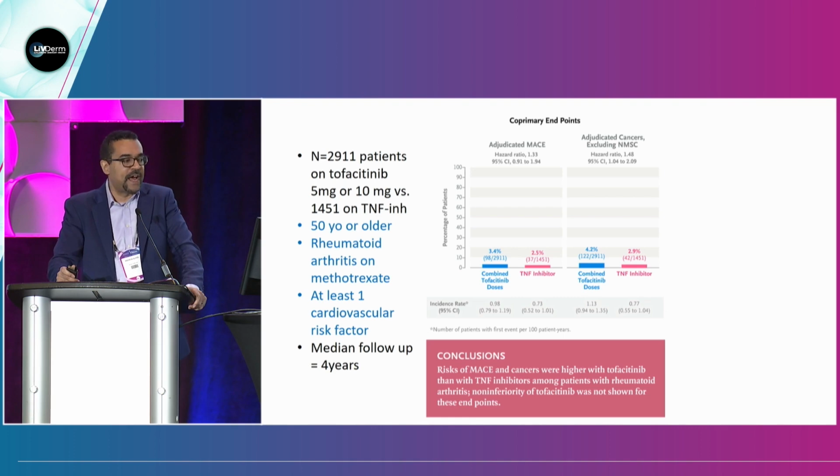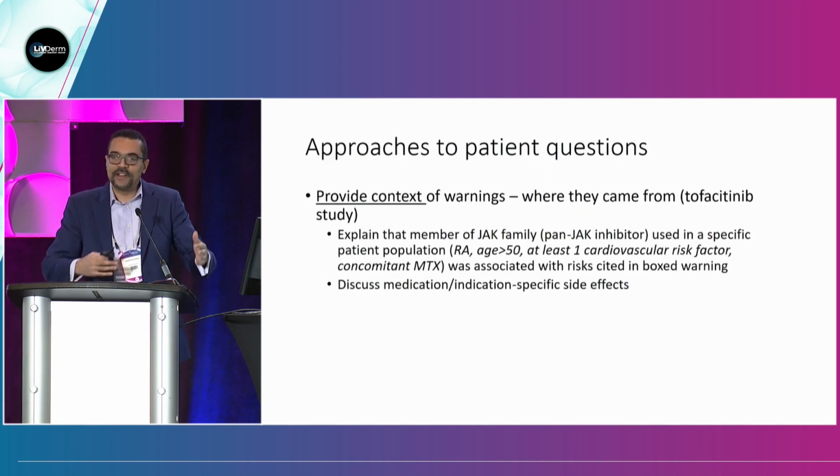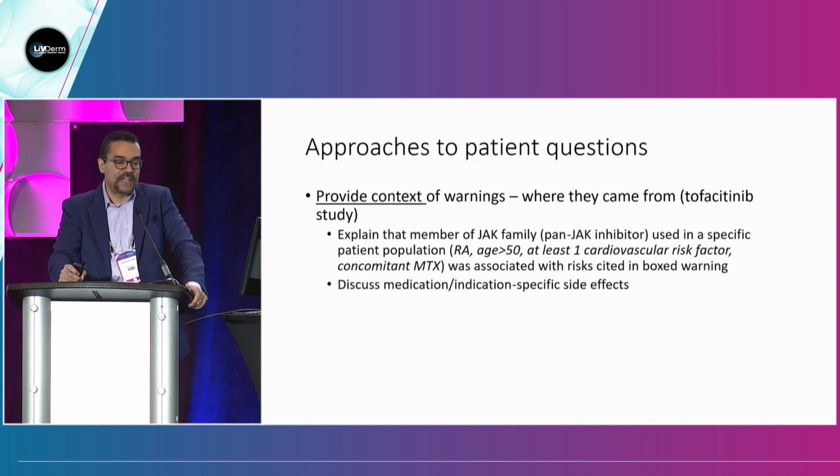So I explain that this is a different context, that these warnings came from a specific study using another drug in the class in a different patient population that has higher risks.